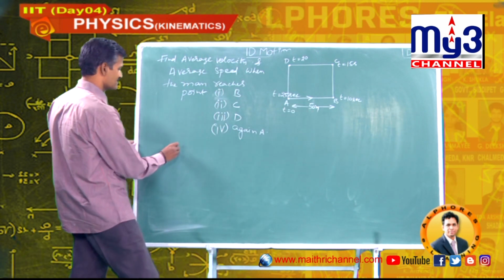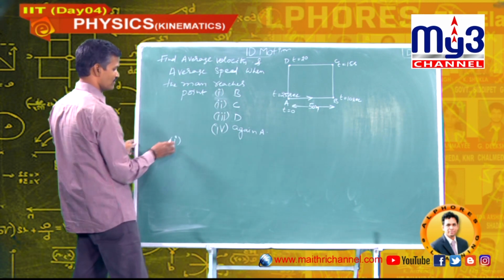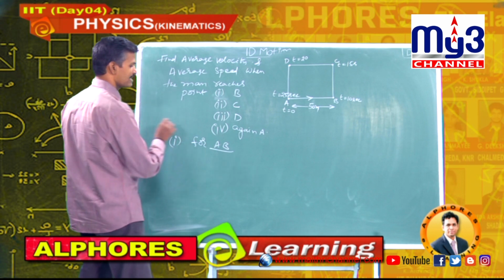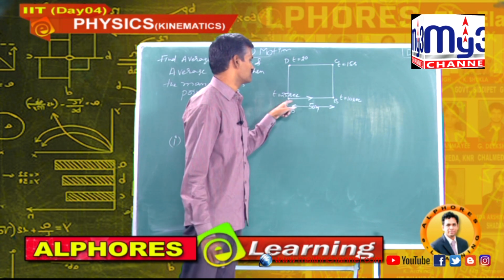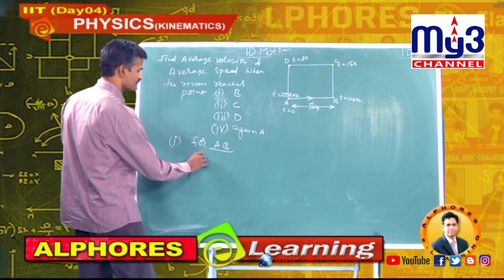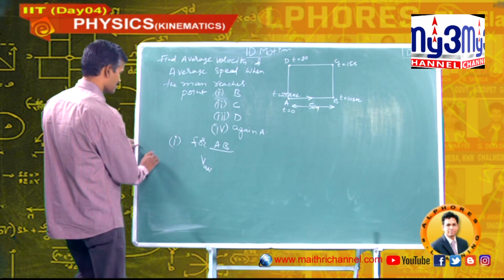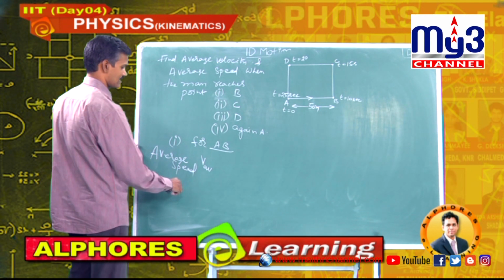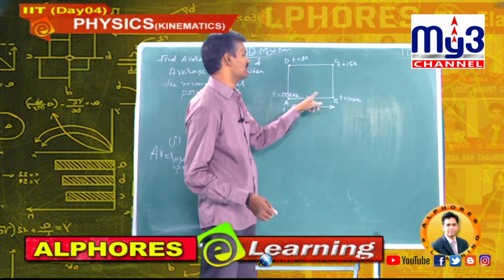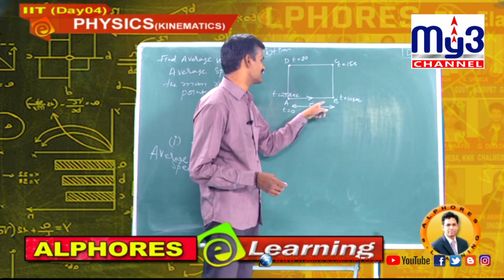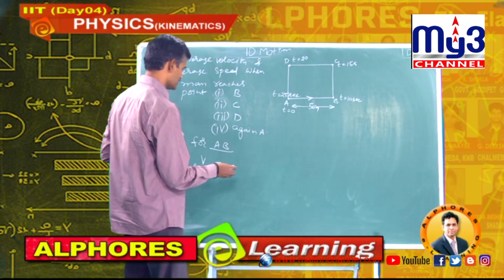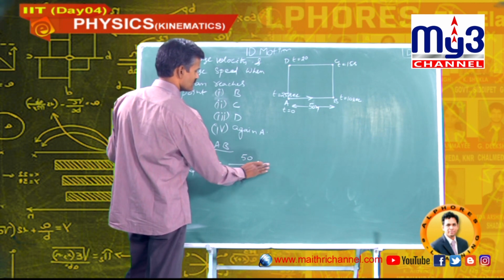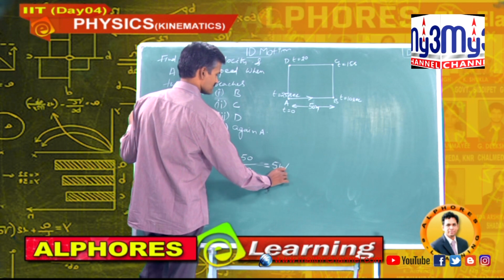First I am considering case 1, the first problem, for the AB journey, when the man moves from A to B. Average speed is total distance travelled by the body by total time taken. Distance here is 50 meters, time is 10 seconds. So average speed is 50 meters by 10 seconds, that is 5 meter per second.